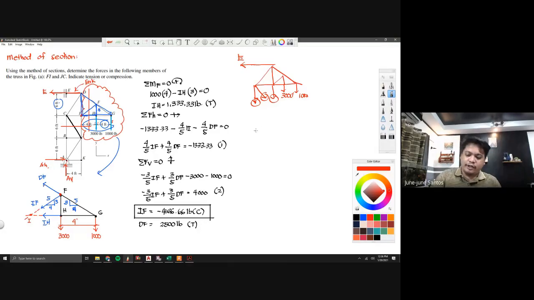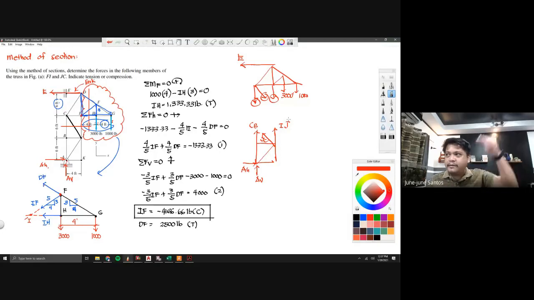Or, you consider the lower part, pwede rin. Okay, meron ka lang AV, meron ka lang AH, and then meron ka ng CB, meron ka ng JC, and then meron ka ng IJ. Okay? So, ikaw mamimili. It's either upper or consider it the lower part.